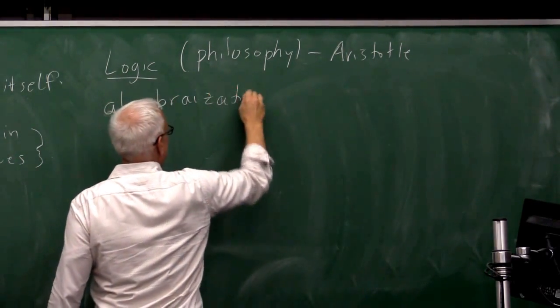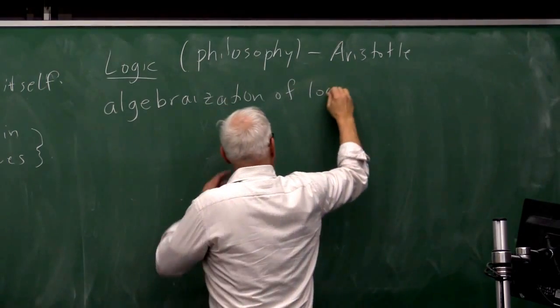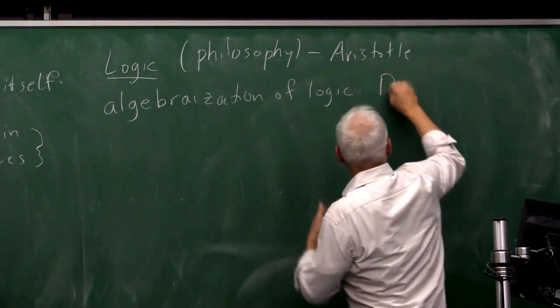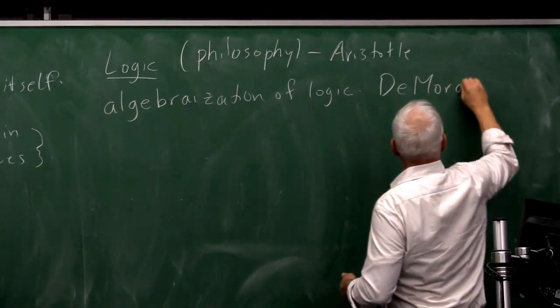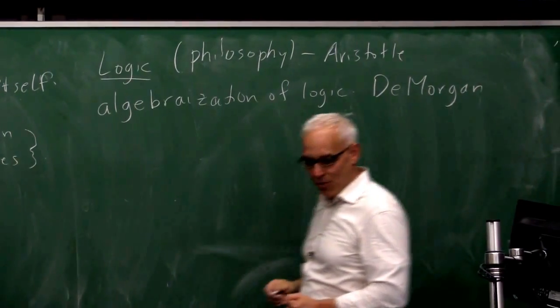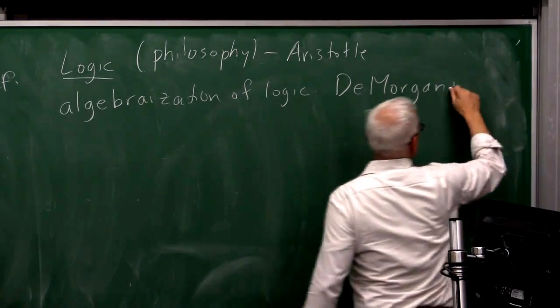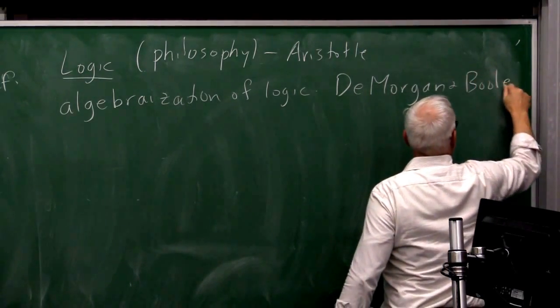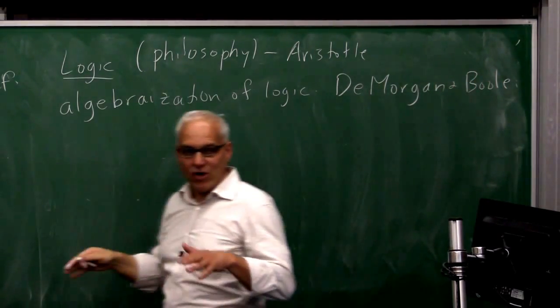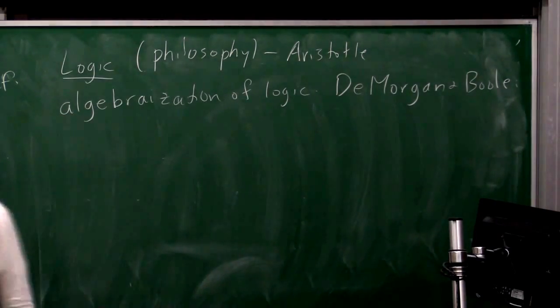People started trying to algebraicize logic. The algebraization of logic started to happen due to a fellow called De Morgan, who you'll know from De Morgan's laws, and George Boole. So they kind of developed an algebra of logic and propositions.